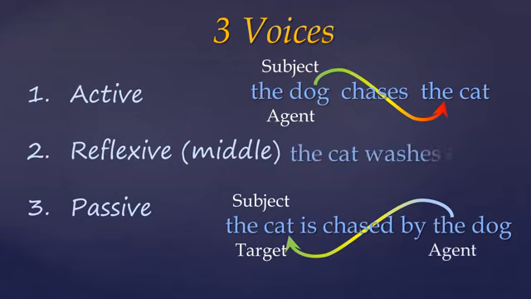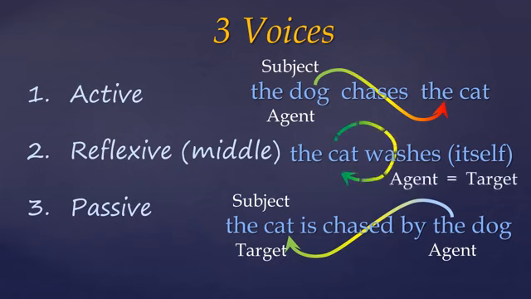Well, a reflexive voice sentence is when the agent of the action is also the target, undergoing the action itself. So for instance with the sentence, the cat washes, the implication is it's washing itself.